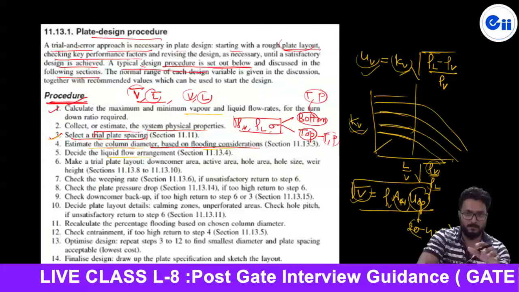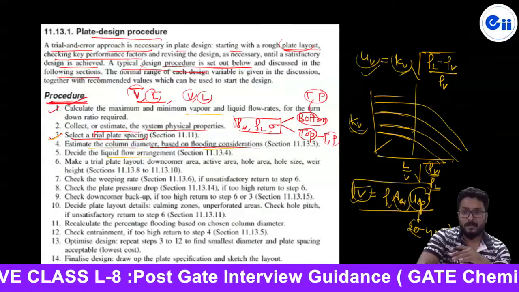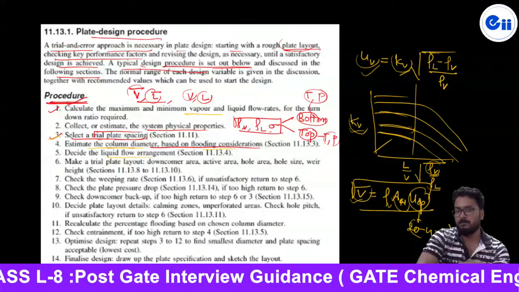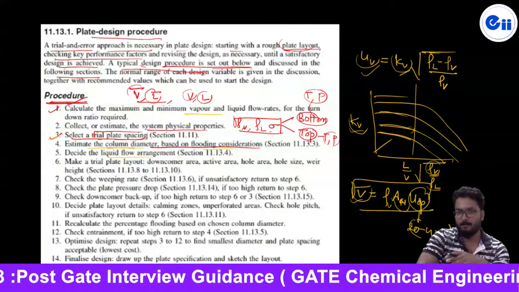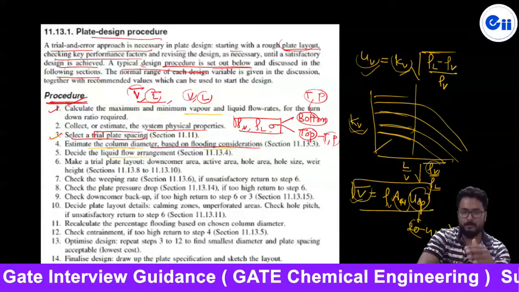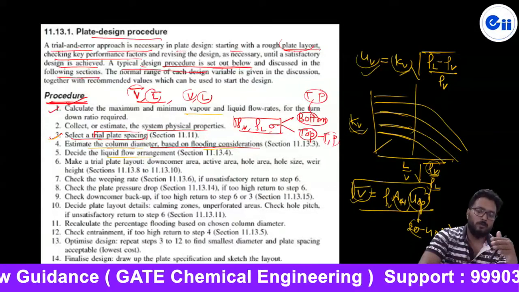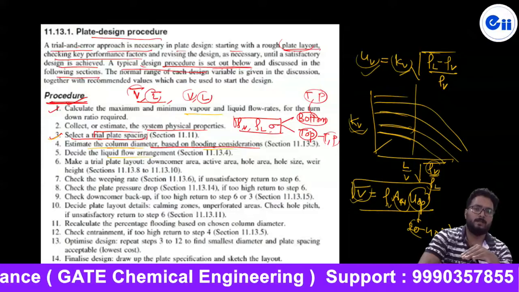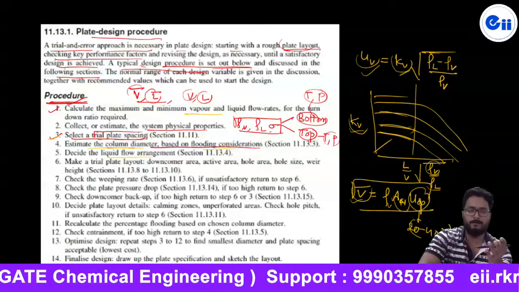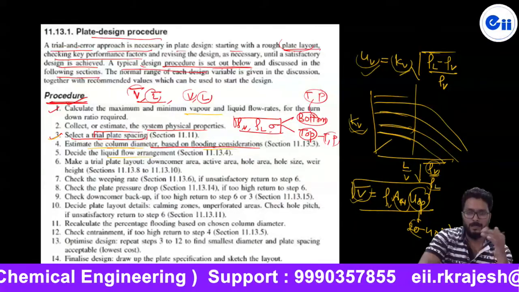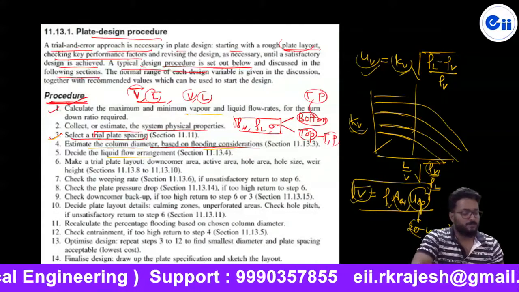That will depend upon some parameters: it depends upon the liquid flow rates, and one more parameter that you will come to know in the subsequent slides. So whether it is cross flow, double cross flow or single flow, we should decide on the basis of some parameters.